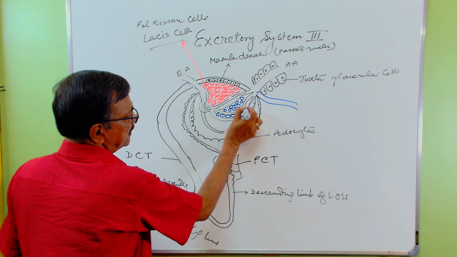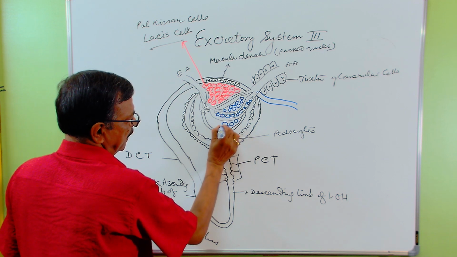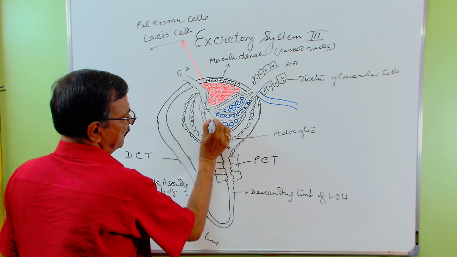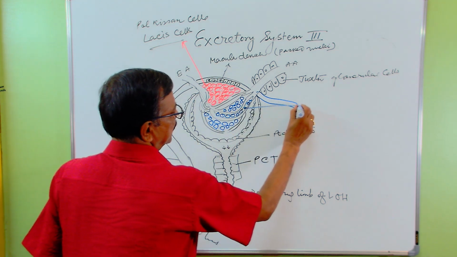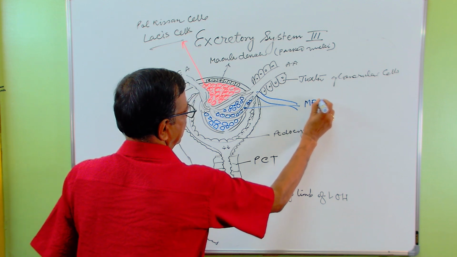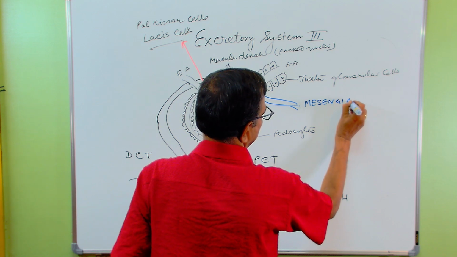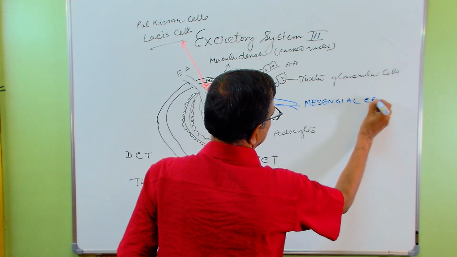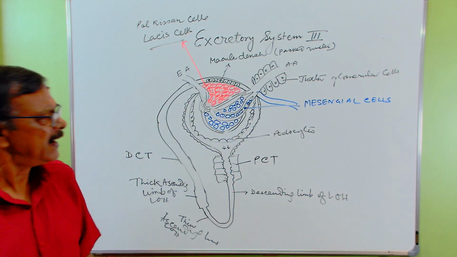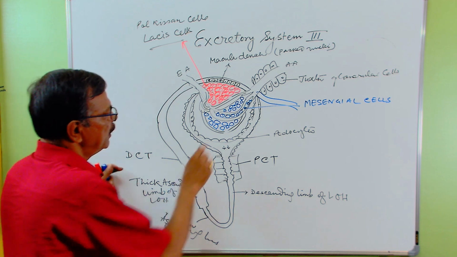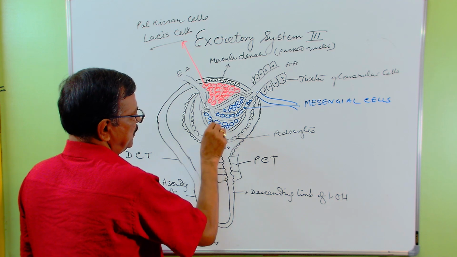They are very important cells. These cells are known as mesangial cells. These mesangial cells have some connective tissue. Together they are called mesangium.